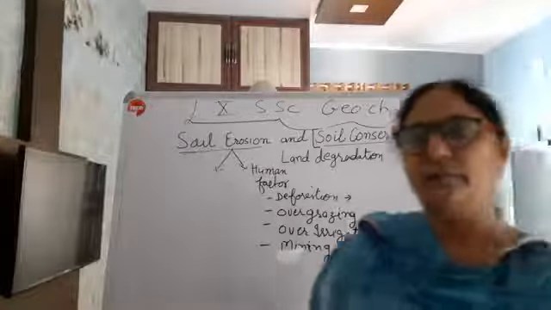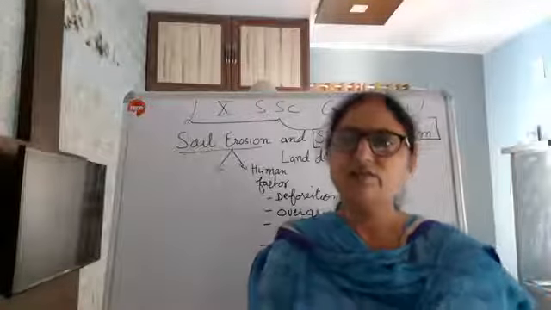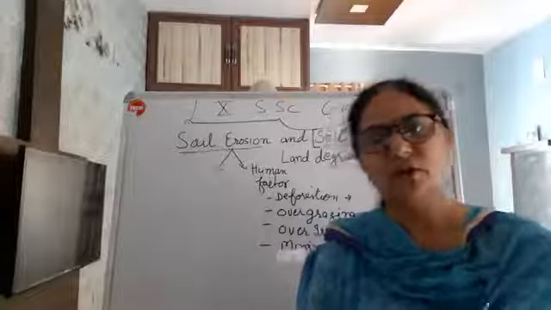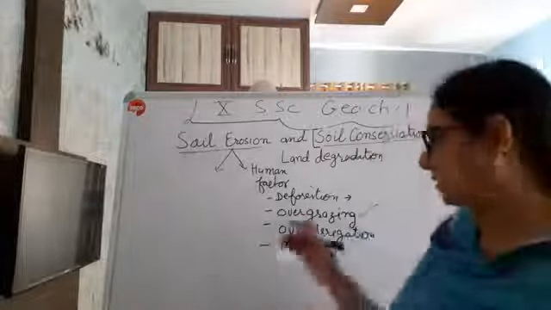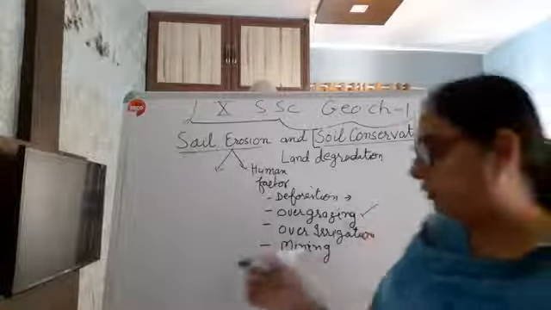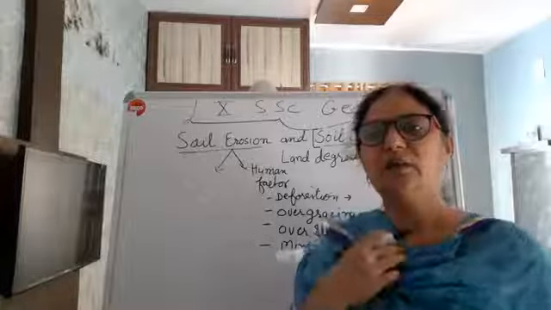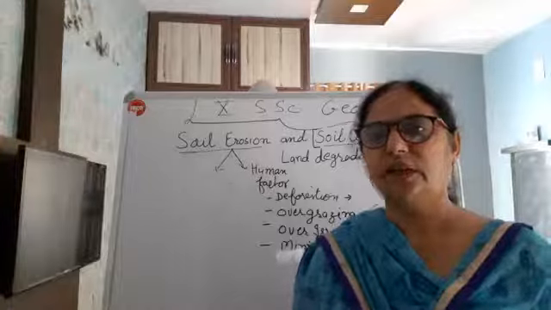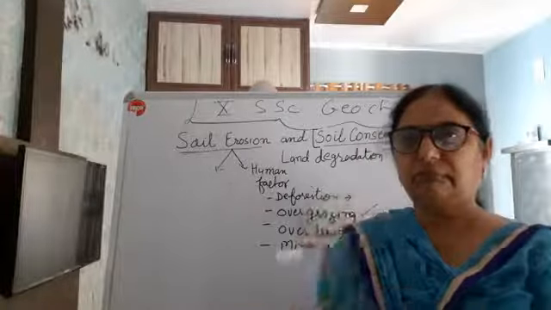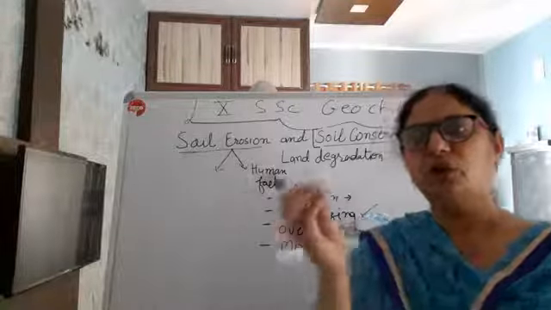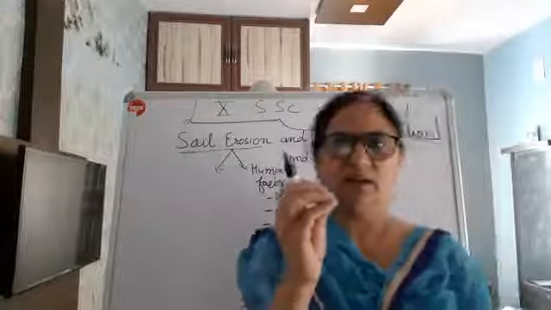For example, Rajasthan, where we have scanty rainfall and less vegetation. Due to that, there is overgrazing. You may have seen cattle grazing on clean ground, even small pieces of grass are eaten.